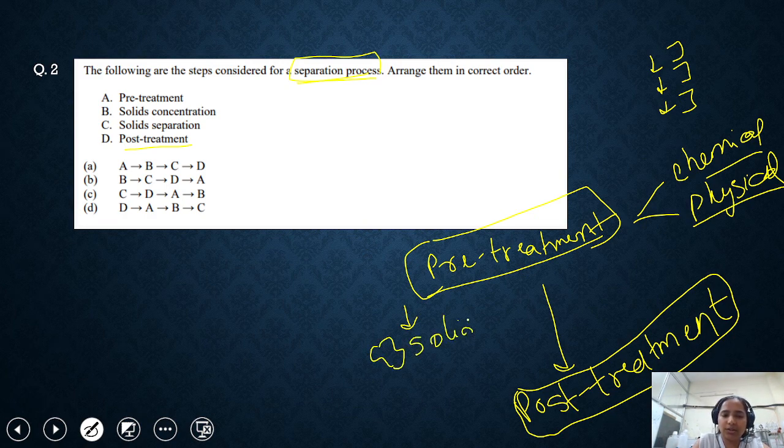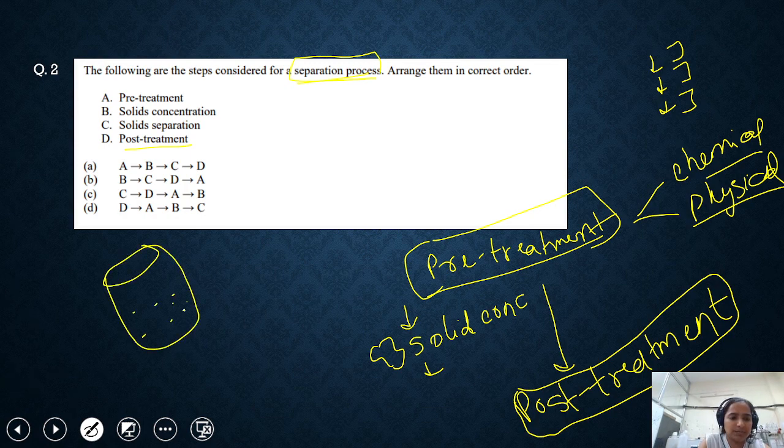So solid concentration will occur. Suppose this is your solution and you have particles of different sizes. First you try to settle down or collect all the solid material at a particular place, then you will do the separation.